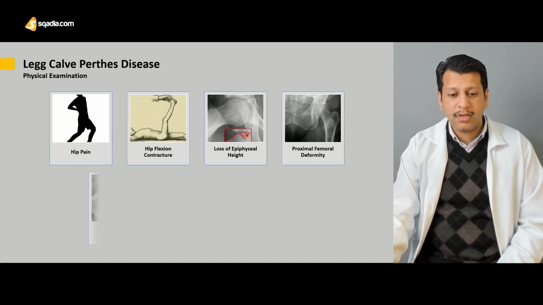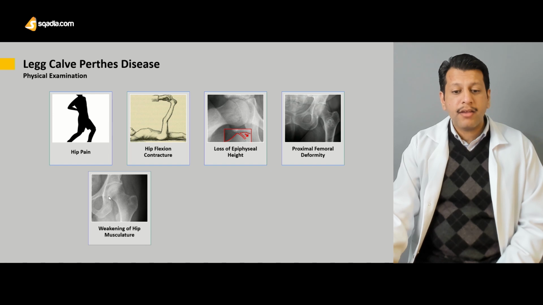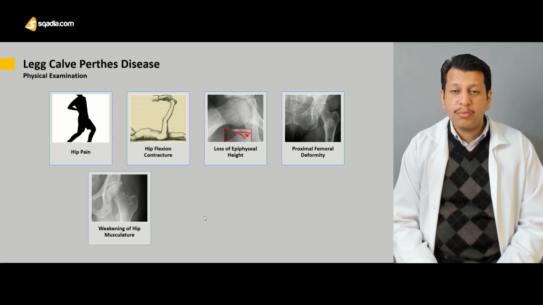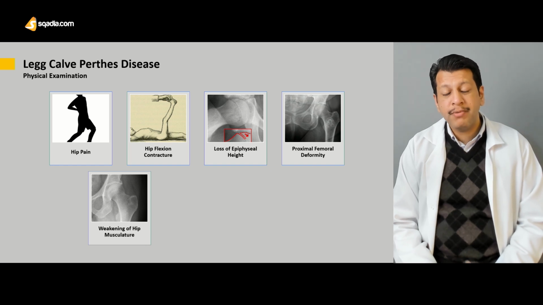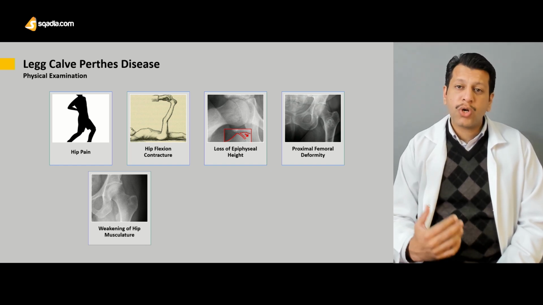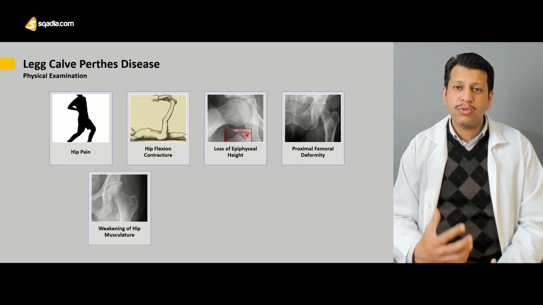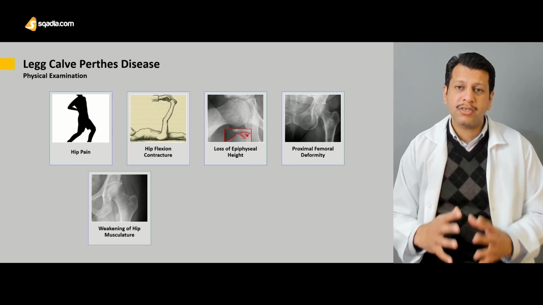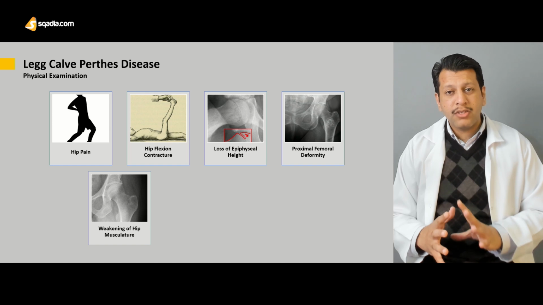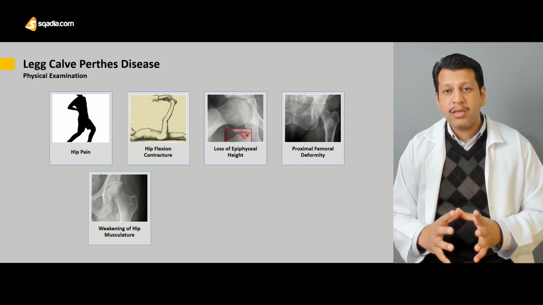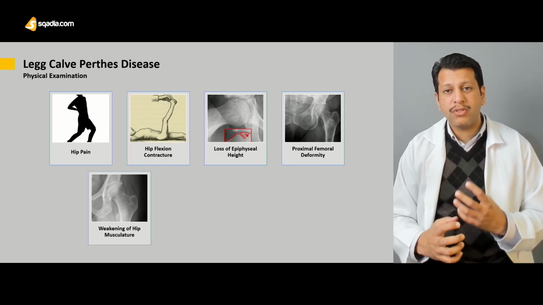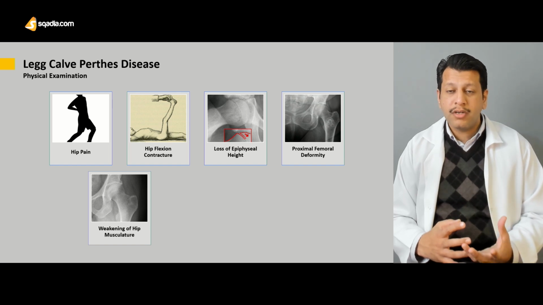Then usually there is less likely to be any problem with the hip abductors, and the hip musculature is normal most of the time. But for example, if there's a chronic history and the child is not using the hip muscles regularly, due to pain the child is not moving his or her muscles a lot, therefore contractures result.